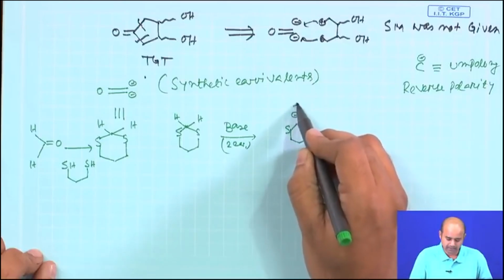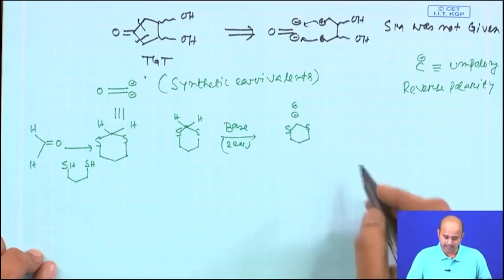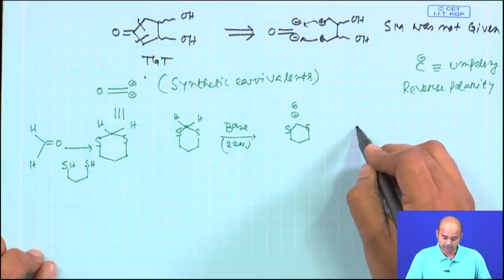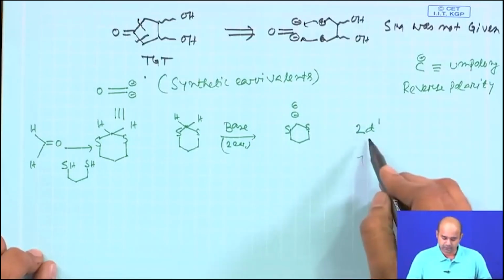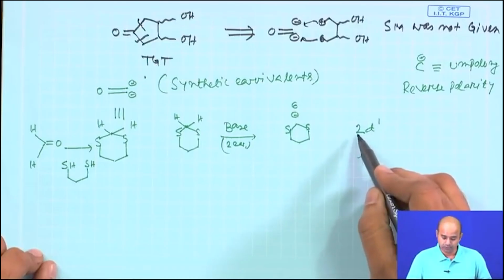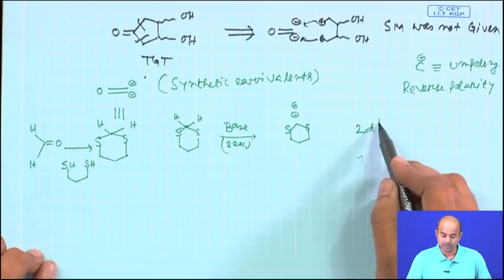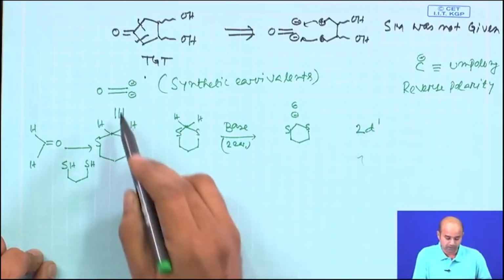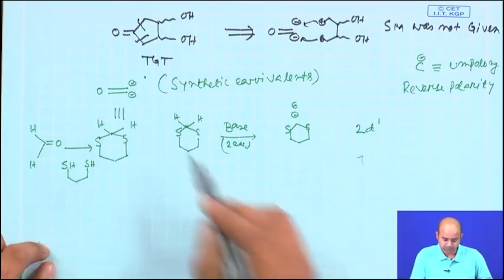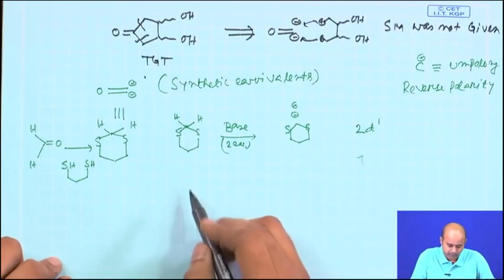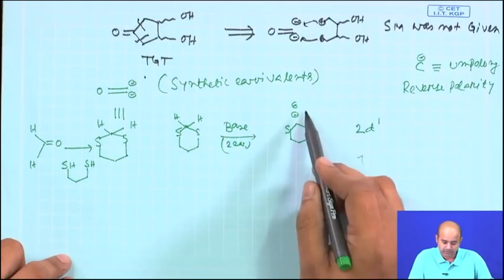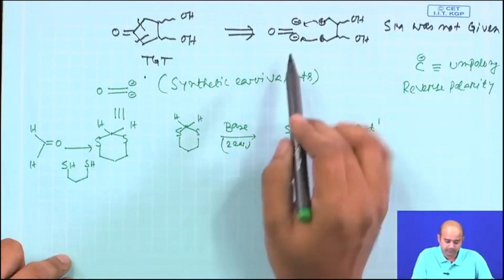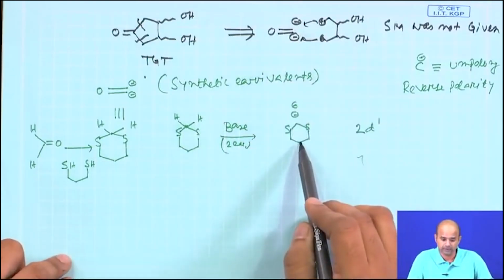double anion here. Later on we will say that this kind of species is named a d1 species. D stands for donor, 2 means this is a doubly donor, and 1 stands for 1 carbon. This is basically a 1 carbon unit. So, based on this retro, you can think of the left hand side as coming from 1,3-dithiane.